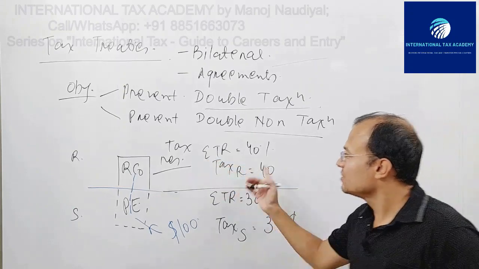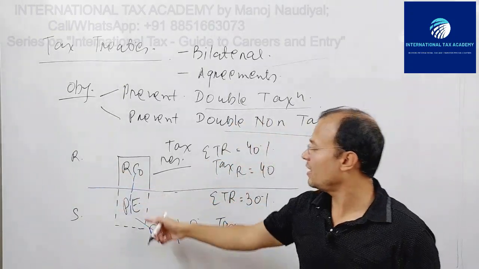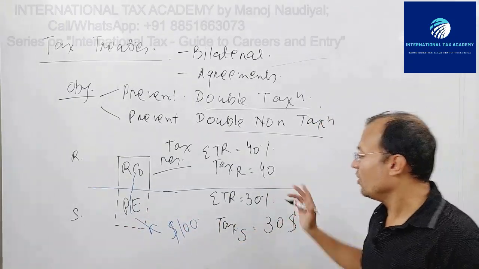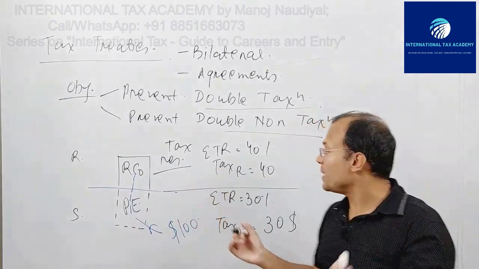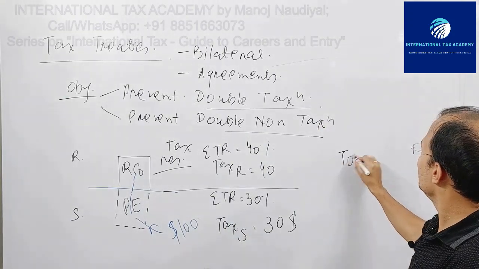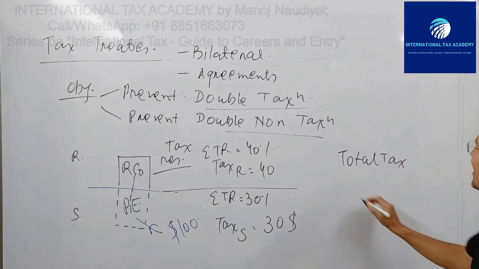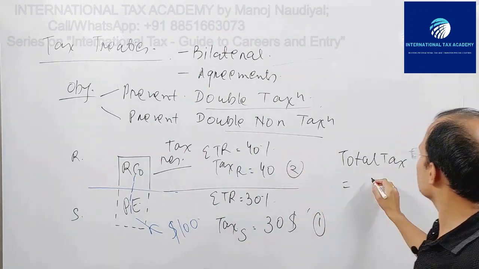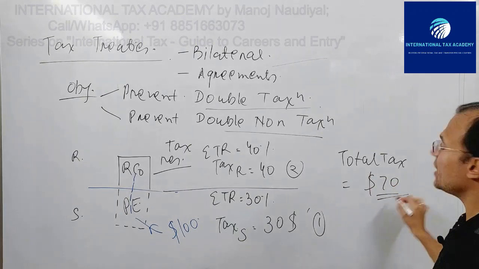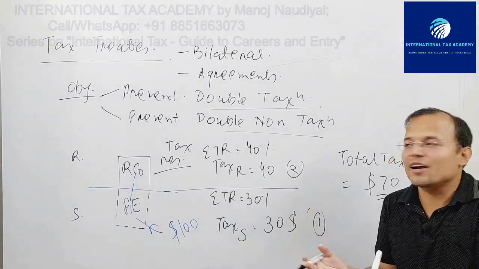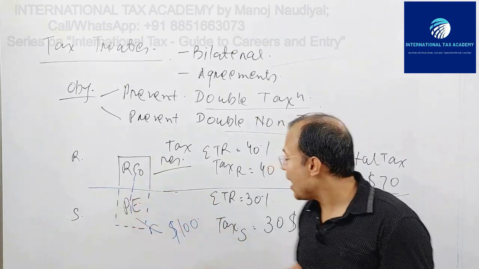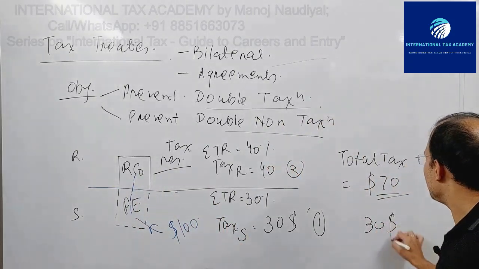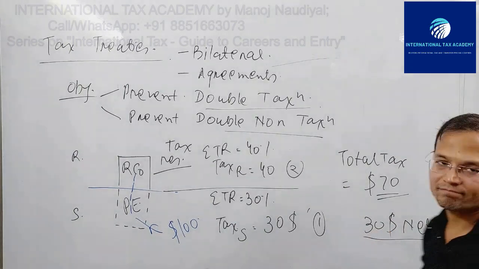So R collects 40 on this 100, and S also collects 30 on this 100. So the total tax paid, the total tax is 1 plus 2, so $70 is the total tax paid, and what is left in the hands of RCO is only $30 of income. So that is the net profit after tax.